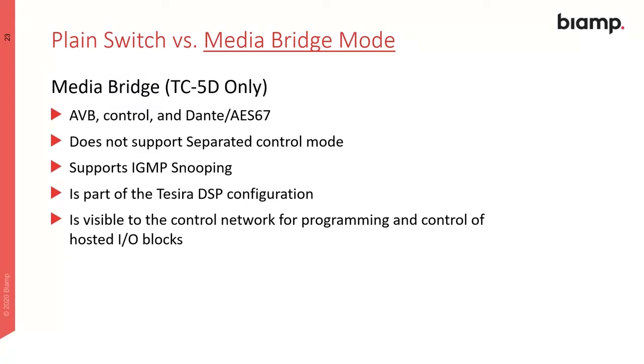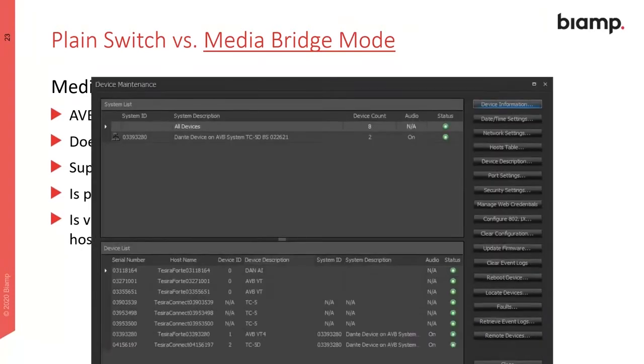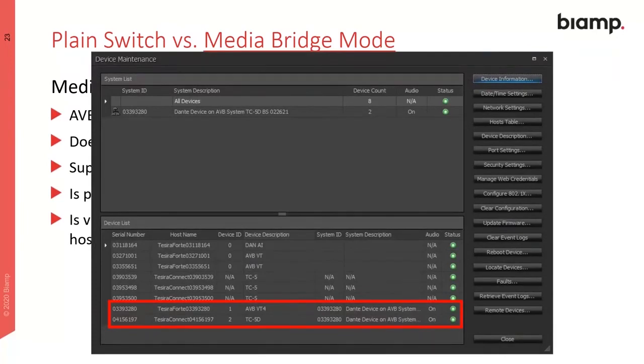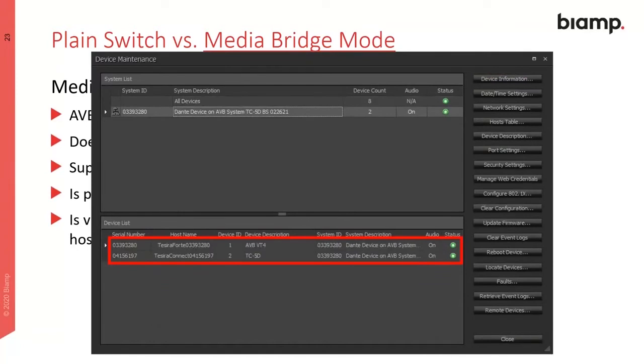So if you select a device, you will find that it is available, and it has a system description, a device description, and a device ID, which is available in your system, because this device is bridging Dante in this case. So it will be like an expansion of your Dante network over AVB. Once you click on the system list, you will find that this device is associated with your system.